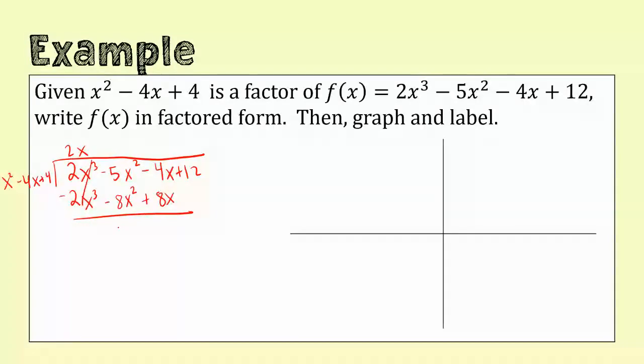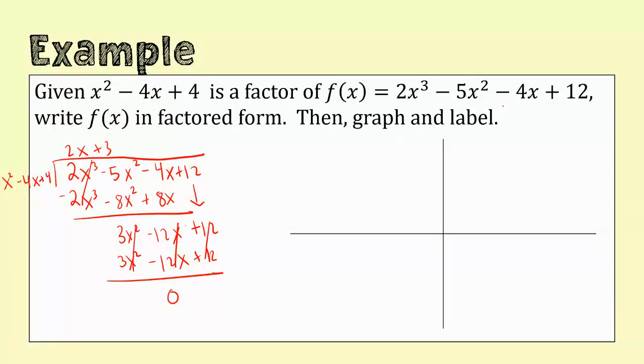Subtract, goes away. That becomes 3x squared. Negative 4 minus 8 gives me negative 12x plus 12. That goes into that 3 plus 3, so that's going to be 3x squared minus 12x plus 12, which, amazing, they all cancel and give me 0.